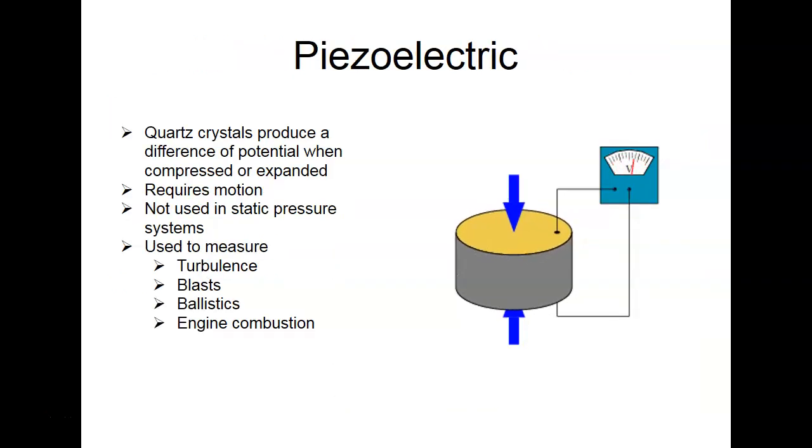So piezoelectric quartz crystals produce a difference of potential only when they are compressed or only when they are expanded. So we don't use these as static pressure systems. But they only give us what? They only indicate a change in pressure, right?